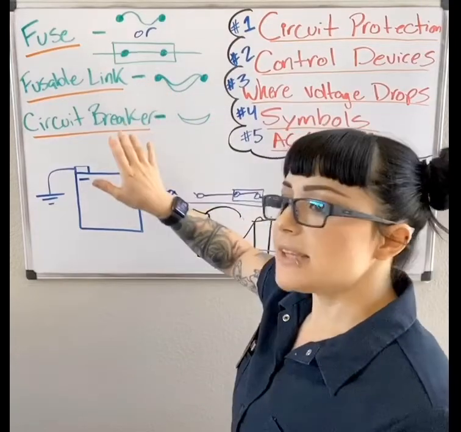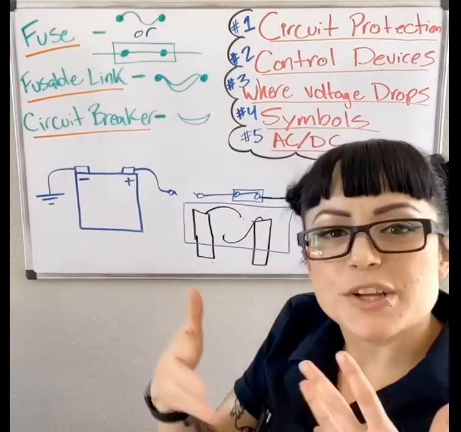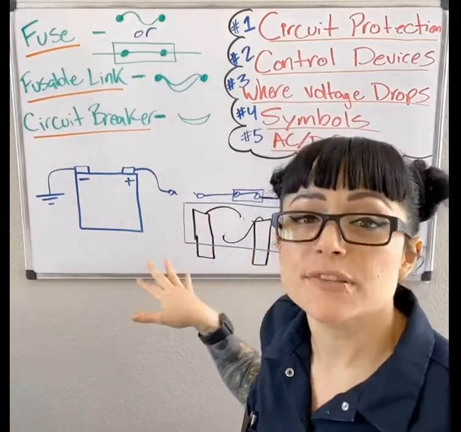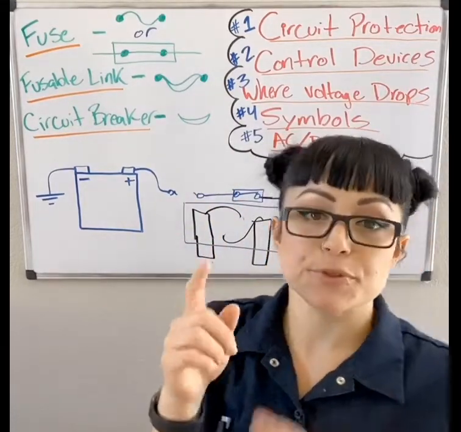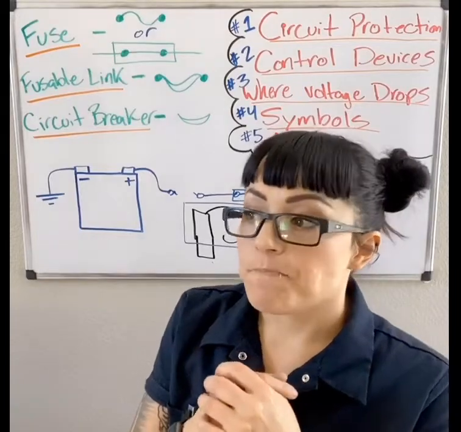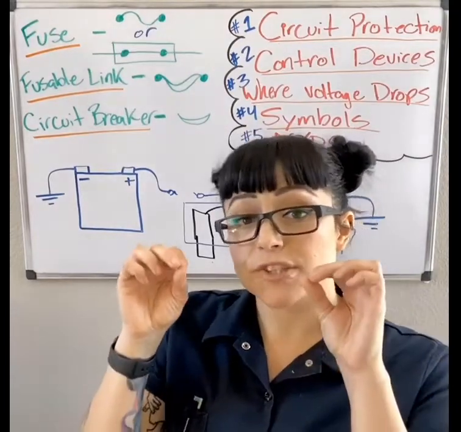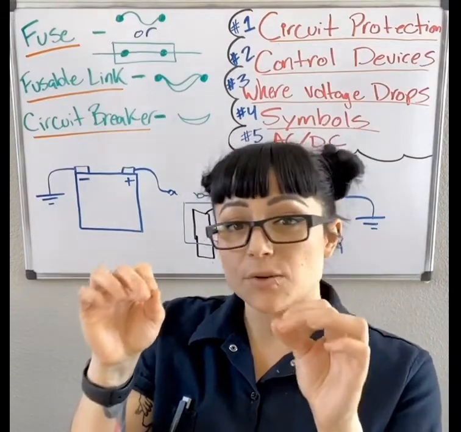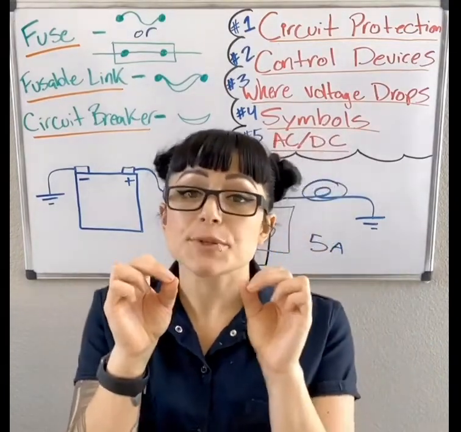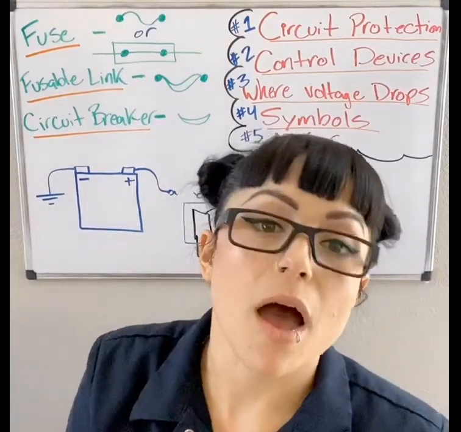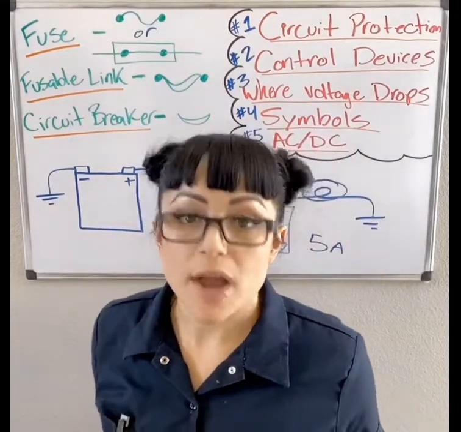Fusible links come in different types. Some are very similar to fuses, where there is a little sacrificial element between two contacts in a plastic casing. Others are essentially just a piece of wire connected or soldered in the circuit that is a thinner gauge and is meant to burn up before the rest of the wire does.